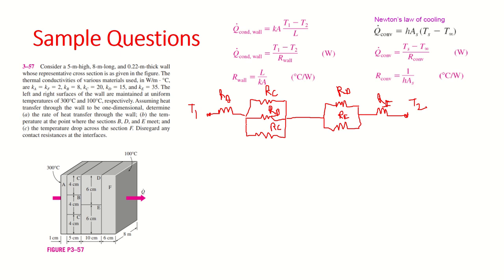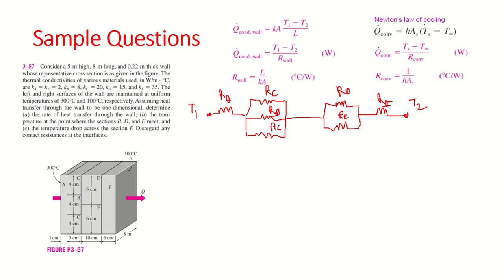Now you will start solving for each resistance. For conduction, the formula is L over KA, because from Fourier's law, Q dot conduction is equal to KA delta T over L. Delta T is the potential difference, or driving force, and this is your resistance: R is equal to L over KA.